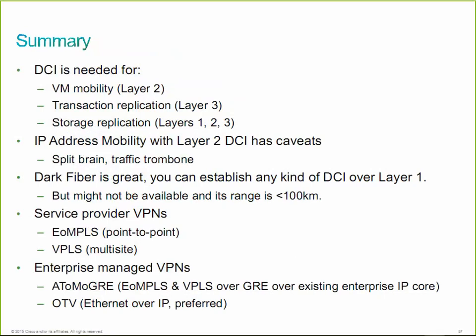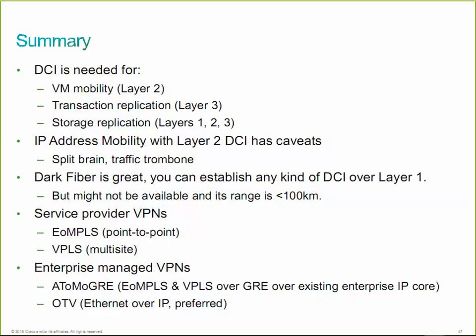So these data center interconnects, we have our layer 2 for IP mobility and VM mobility. If we're trying to do any kind of transaction replication, database replication, we're going to use a layer 3 transport. Storage replication can, of course, go across 1, 2, or 3, depending on the type of storage application that you're using.